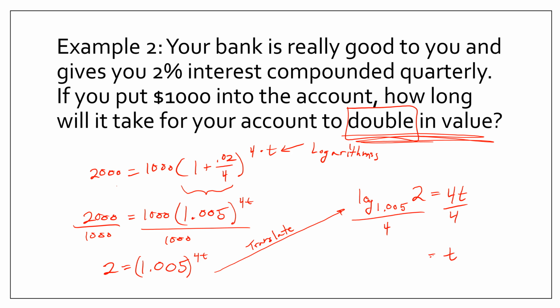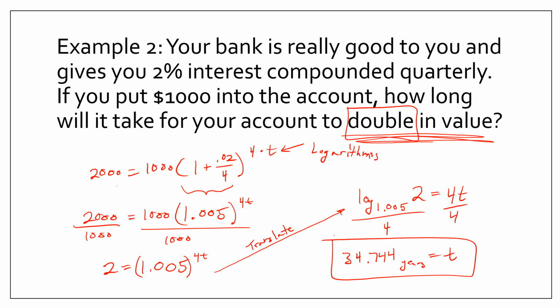So again, let me just calculate this super quick. I'm using the change of base formula because I don't mess around with that other key. Change of base formula is so easy to do. I'm also dividing by 4, and I get that t equals 34.744 years. Nice.